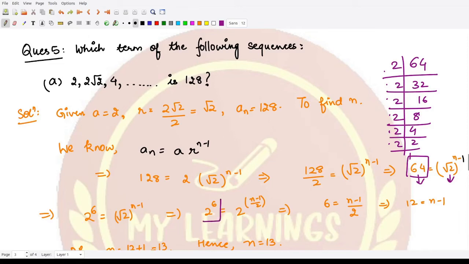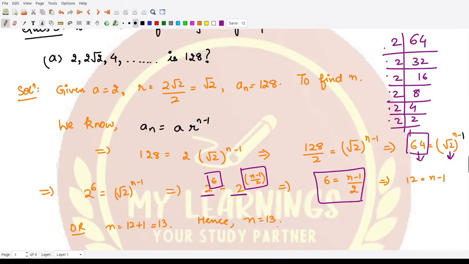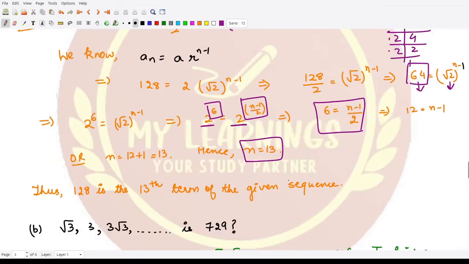So you have 2 raised to power 6 here, you have 2 raised to power n minus 1 divided by 2. When the bases here are the same, you can compare the powers, so that it would be 6 is equal to n minus 1 divided by 2. When you solve this, you would have the value of n as 13. Right, so that means this nth term 128 is the 13th term of the given sequence, correct?